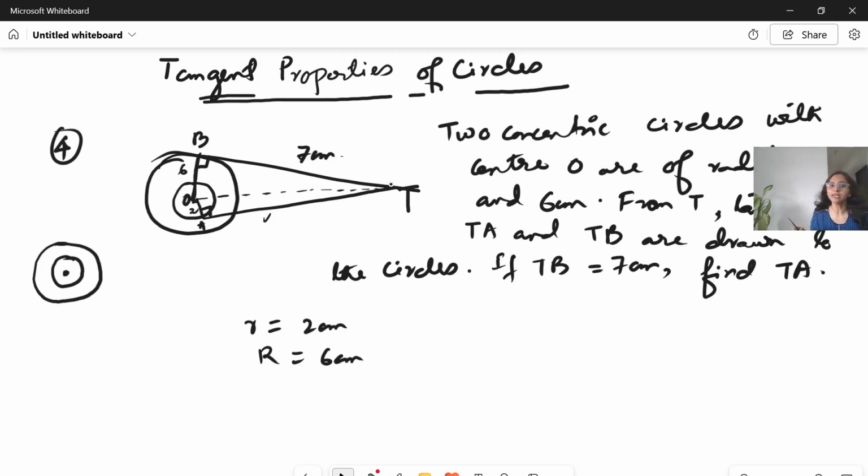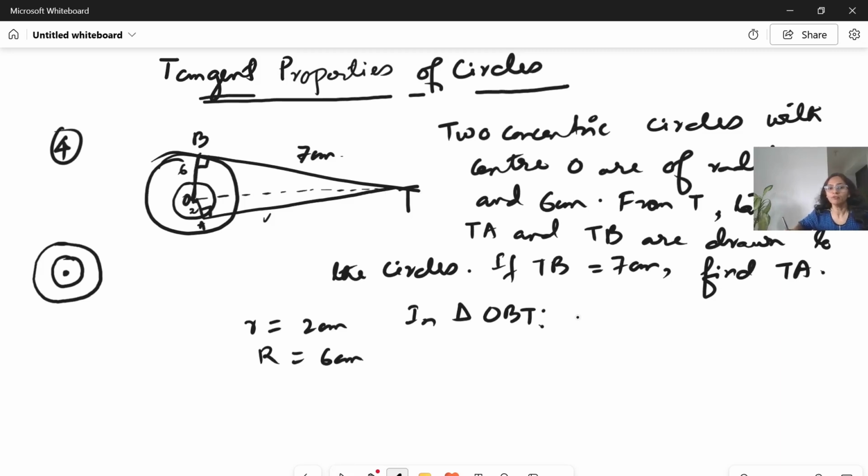Now, if you look at the triangle, we have to get TA. So for TA, if we know OT, OT will help us to calculate TA. So for calculating OT, we have to use the Pythagoras theorem, and we have to look at the triangle OBT. So in triangle OBT, look carefully, one angle is given 90 degree. This is 6 and this is 7. So we can get OT.